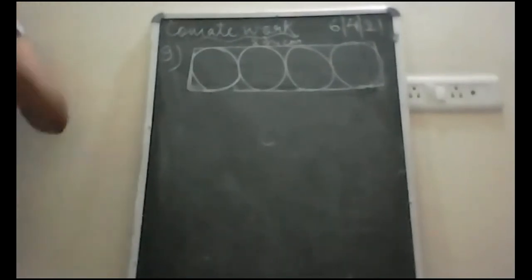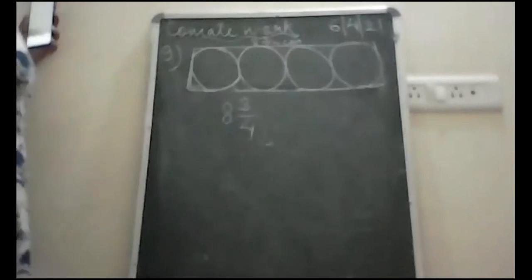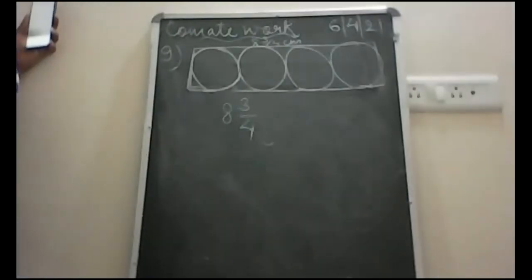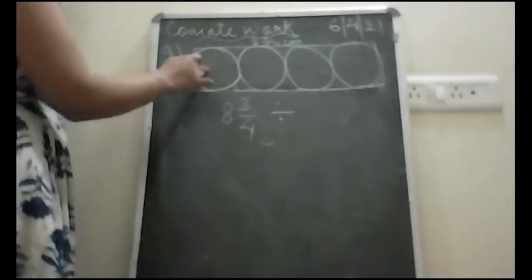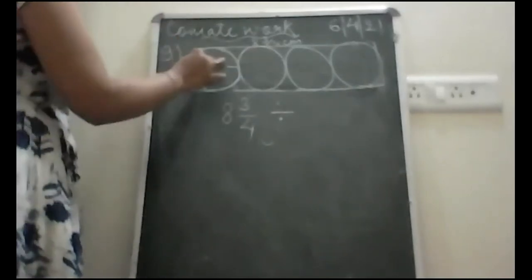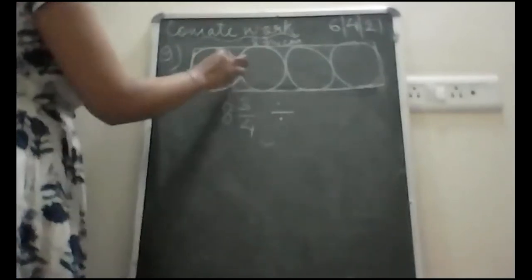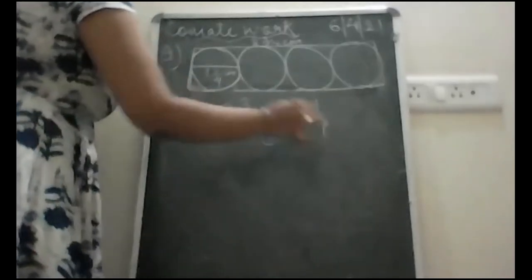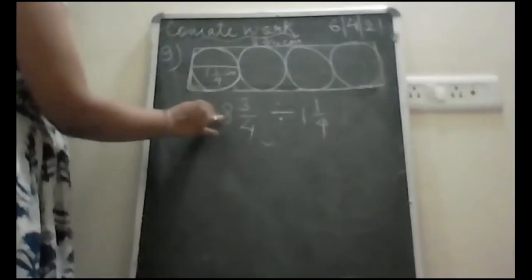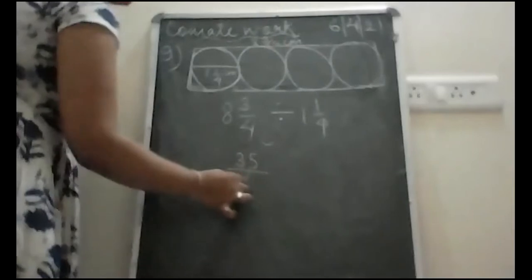So in this question, what you have to do is, the total dimension given is 8 whole 3 by 4, and each circle has a diameter of 1 whole 1 by 4. So 1 whole 1 by 4 will simply divide this, and it will give you 8 fours are 32, 32 and 3 will give you 35.